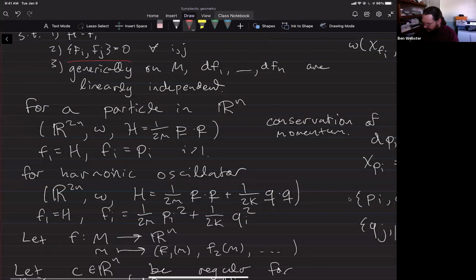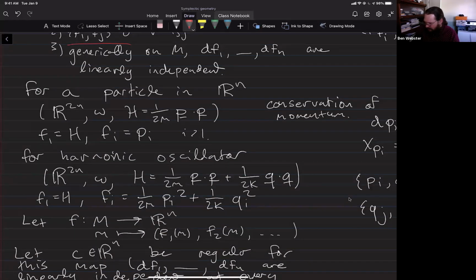The examples I had last time: if you just have a particle moving around in Rn with no potential energy, then its Hamiltonian is just the kinetic energy, and it commutes with all of the different components of the momenta. To get exactly this version of a completely integrable system, you have to throw out one of the components of the momenta and replace it with the energy function. Since all of these p_i Poisson commute with H, they don't change with respect to time, they're conserved, and we get conservation of momentum.